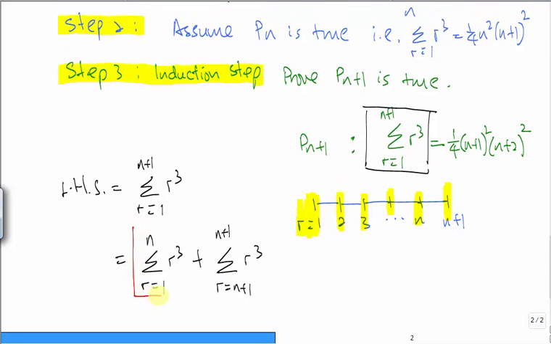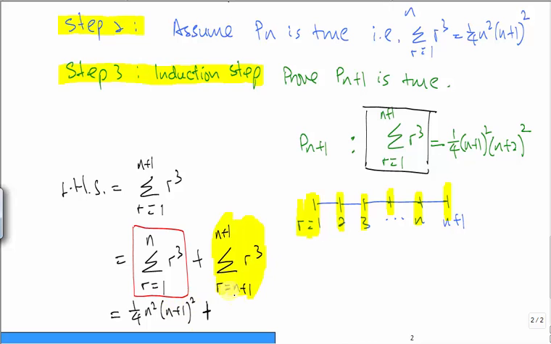Now this expression here we can simplify from step 2. From step 2, we know that the summation of 1 to n r cubed can be simplified into this expression here. So we are going to replace this expression by 1/4 n squared multiplied by n plus 1 squared.